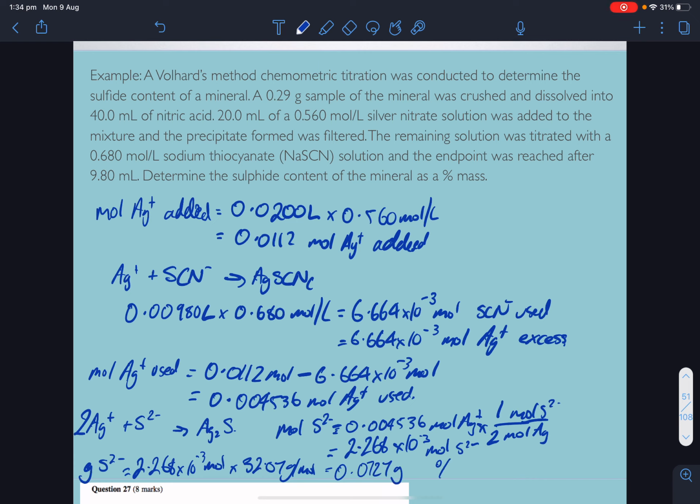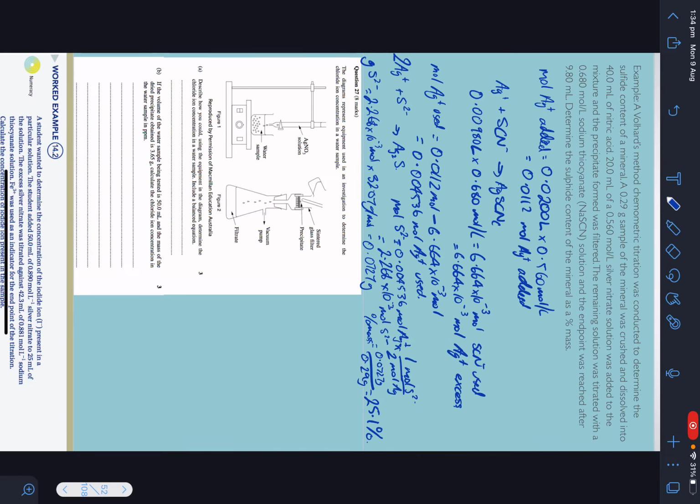So the percentage mass equals 0.0727 grams divided by the sample, which was 0.29 grams, times 100, and I get 25.08. Look at all those three significant figures, so I can call that 25.1%. Okay, difficult question, worth a lot of marks.